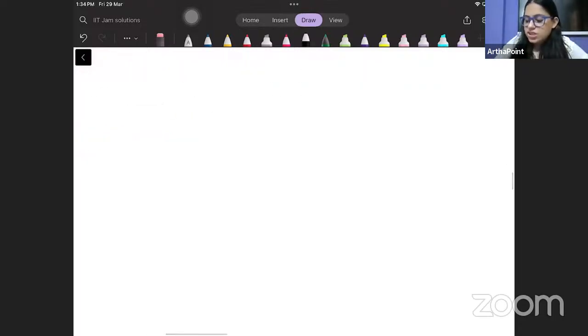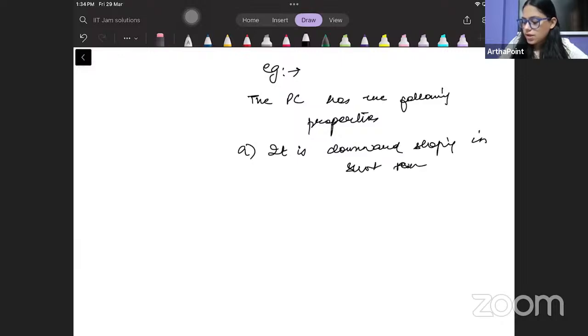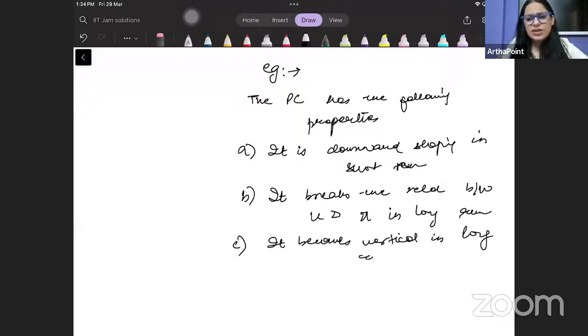Like for example, बच्चे, say I give you a question like this, that the Phillips curve has the following properties: it is downward sloping in short run, and then I tell you it breaks the relation between unemployment and inflation in long run, and then I tell you it becomes vertical in long run. Something like this. I give you 4 options.